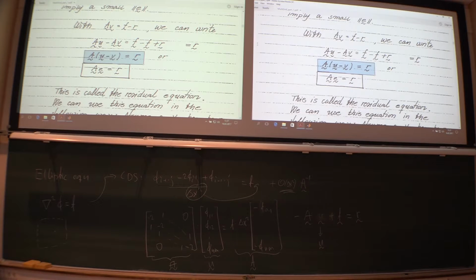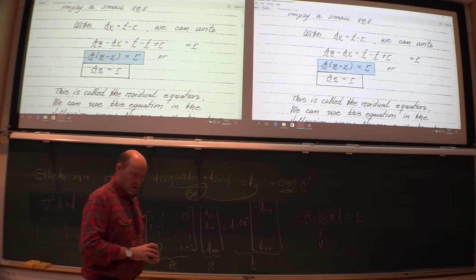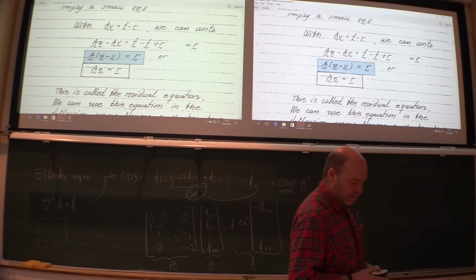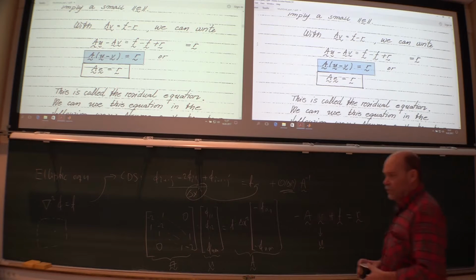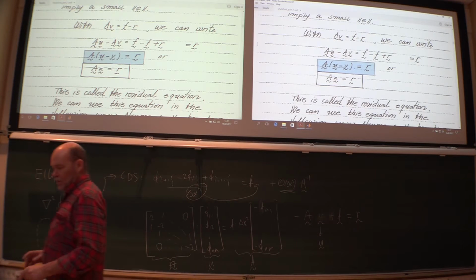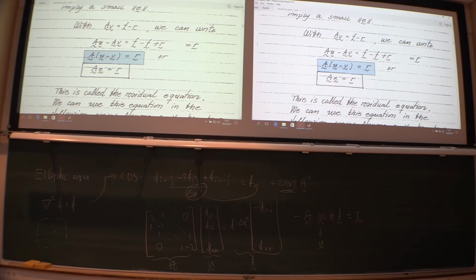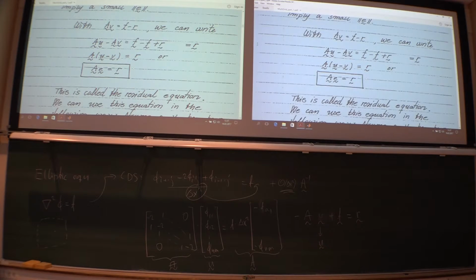You have AU minus AV, and then you say that's the same as putting U minus V inside my coefficient matrix A. Yes, you can do that if and only if your equation system is linear. If it's a nonlinear equation system, that is not allowed. So we have something that we must keep in mind here. The residual equation is possible to get only if you have a linear equation system, only if the coefficient matrix A is linear.